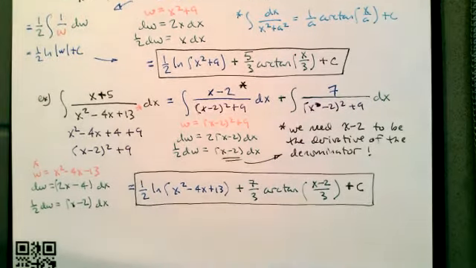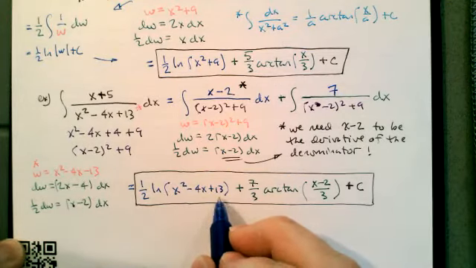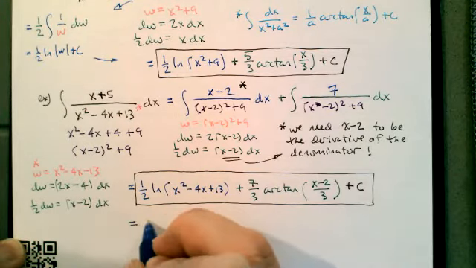Final note as far as the style guide goes, if you leave the completed square version inside the natural log, that's totally acceptable.